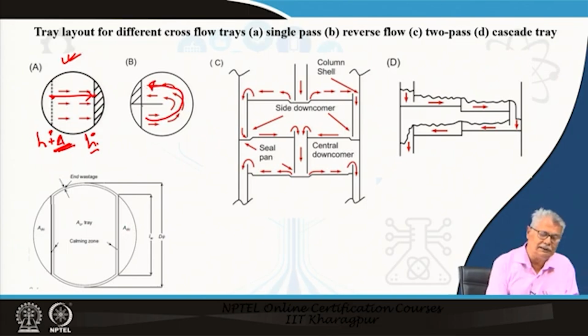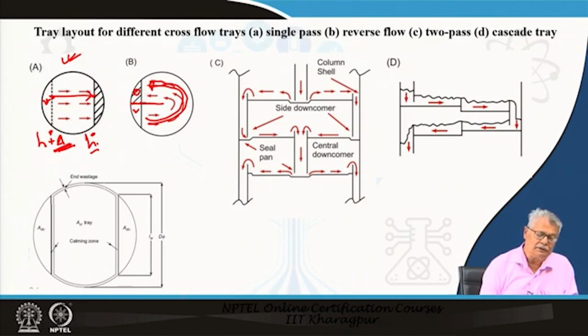You will note here that instead of having the downcomer of the upper tray discharging its liquid here, it discharges here. And the liquid from this tray goes to the tray below this through this particular point or this section of your downcomer. And quite naturally, you have a partition here and you have a baffle which allows the liquid only to come from the right side to its left, like this way.